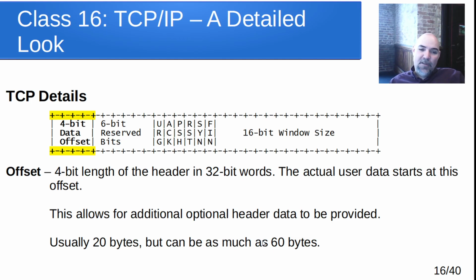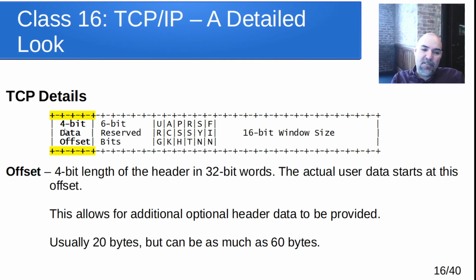That just allows you to use TCP to send additional header information if necessary. That can range from 20 bytes up to 3 times as much, 60 bytes worth of data for the header size.